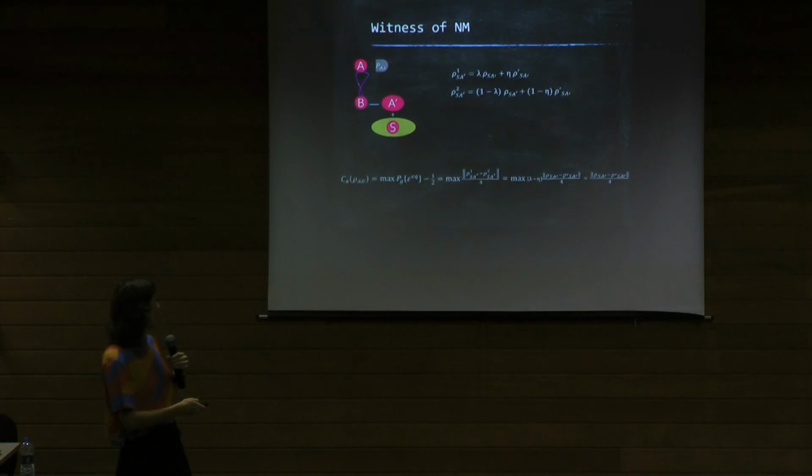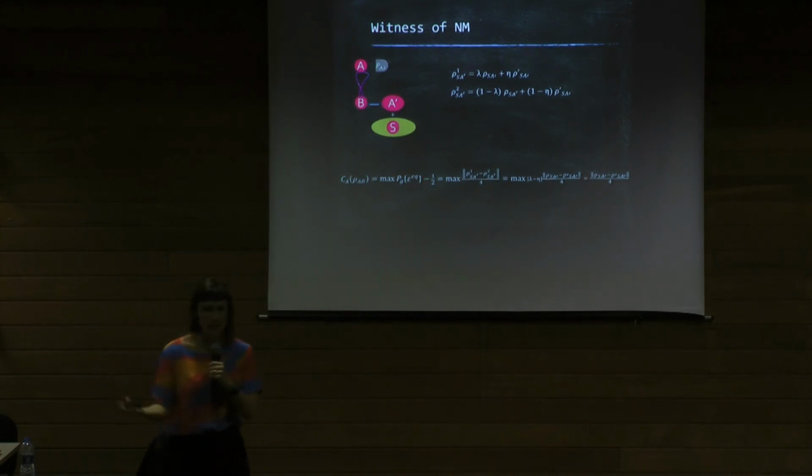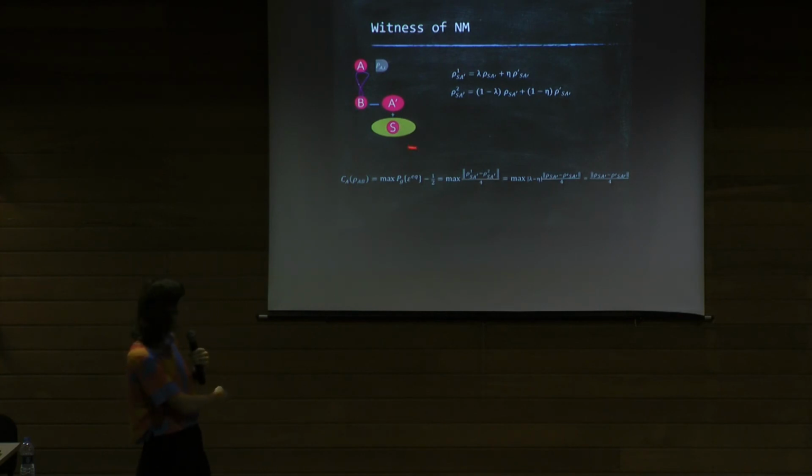And then how do I relate this? How is the correlation measure of these two? If I just calculate this guessing probability, and here I'm using this maximally entropic POVM, these two states are appearing with the same probability. So we can calculate this, and then we will see that the correlation measurement is related to this trace norm.